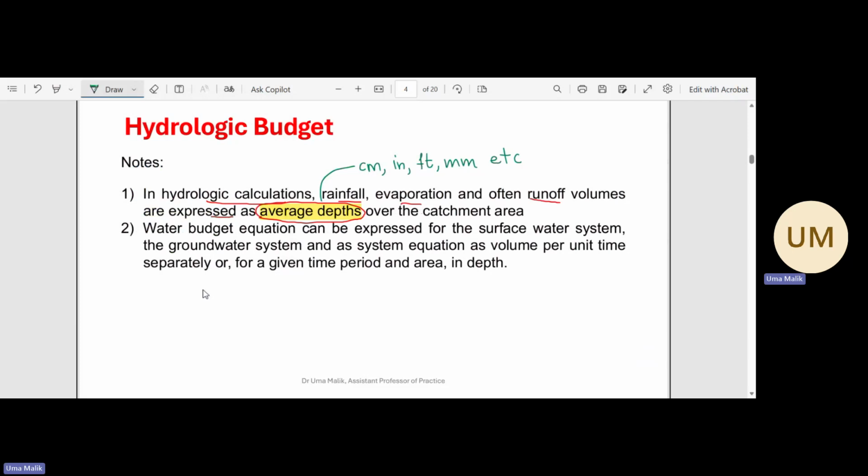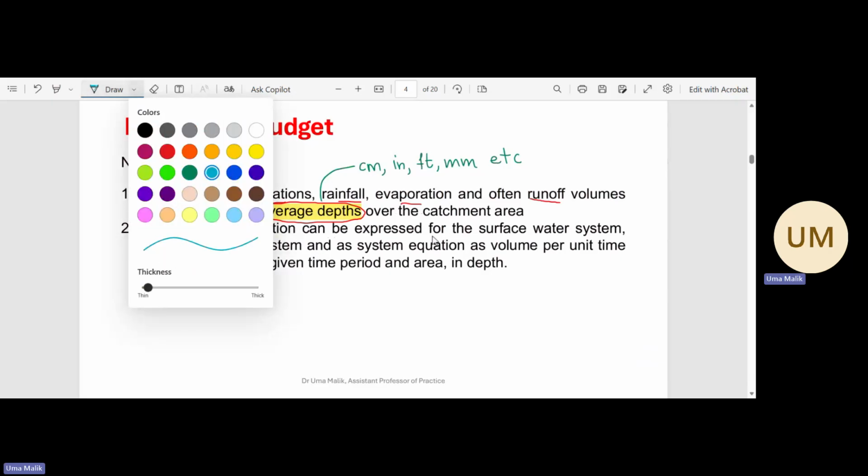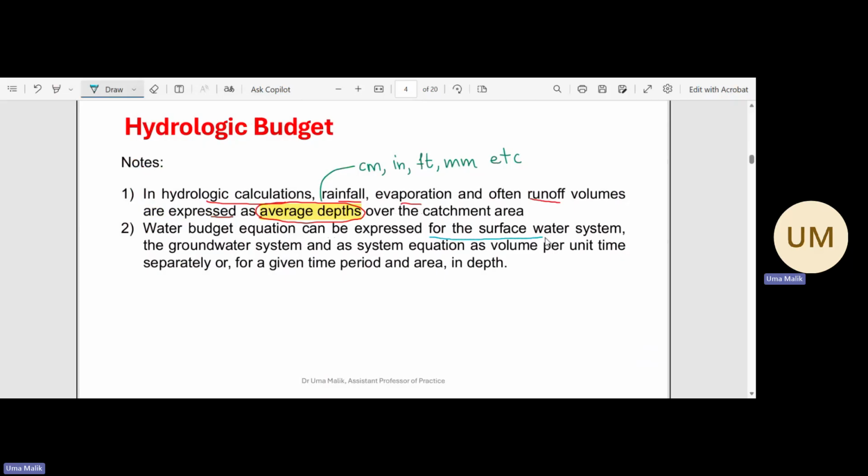Further, the hydrologic budget equation, or water budget equation, can be expressed separately for the surface water system, the groundwater system, and as a system equation. By system equation, I mean surface water plus groundwater together, so this is your SW and your GW together.